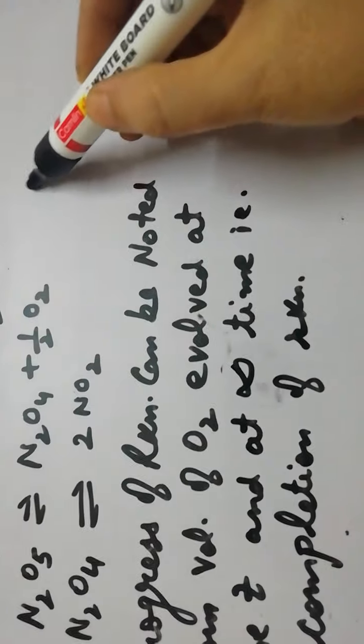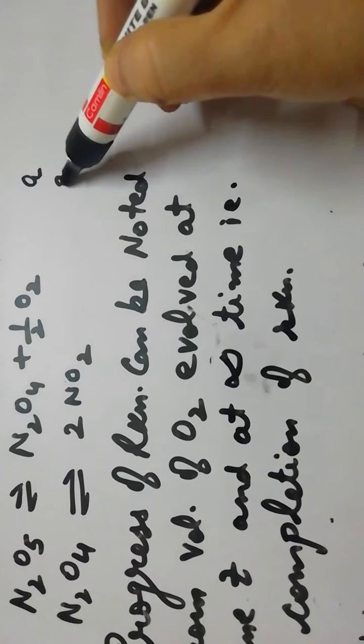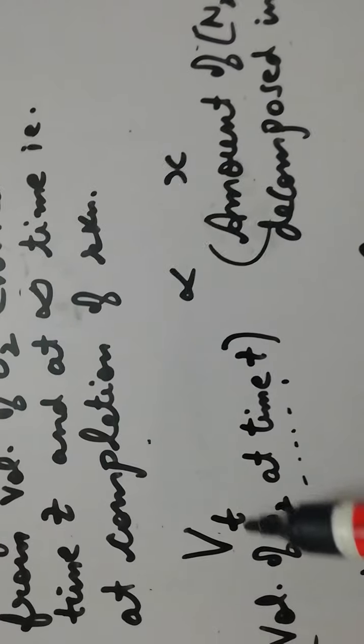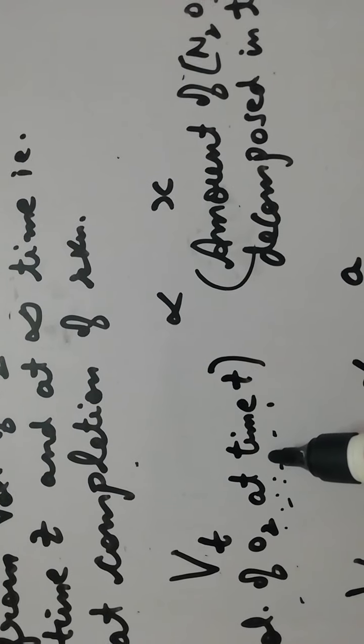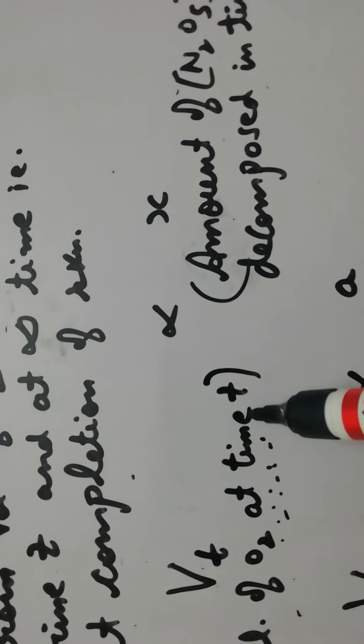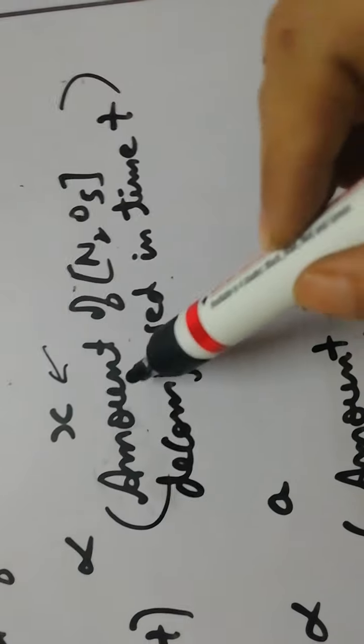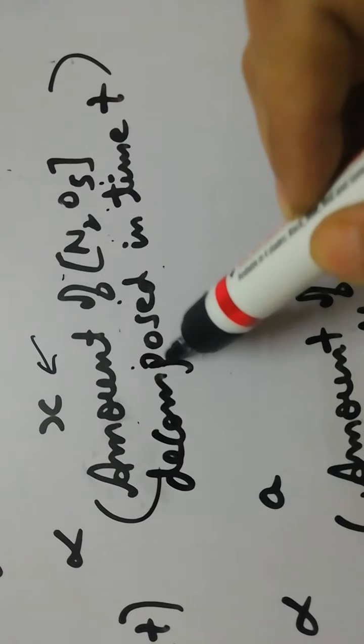Suppose we have taken A moles of N2O5 as initial concentration, and out of it X moles of N2O5 has decomposed. How much product will be formed? X amount. So the volume of oxygen at time t, oxygen being the product, is directly proportional to X, the amount of N2O5 decomposed in time t.